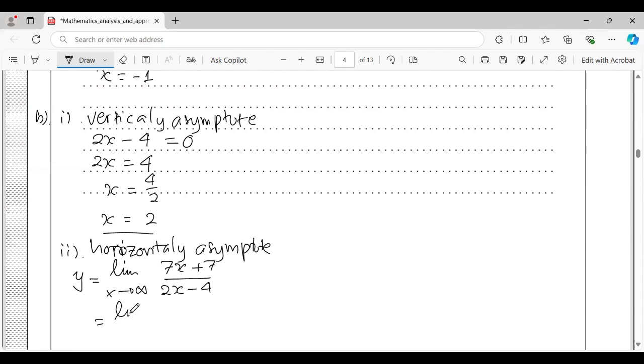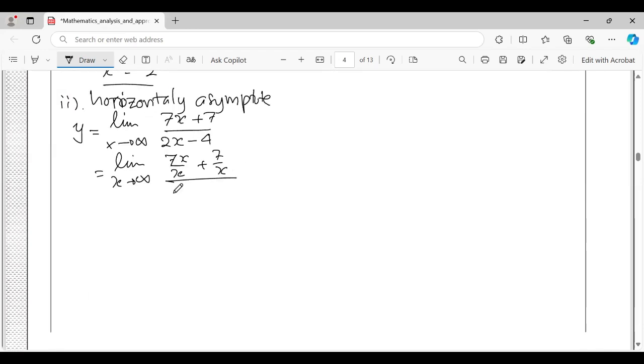It's going to be 7 divided by x, the numerator and the denominator. So 7x over x plus 7 over x, over 2x over x minus 4 over x.